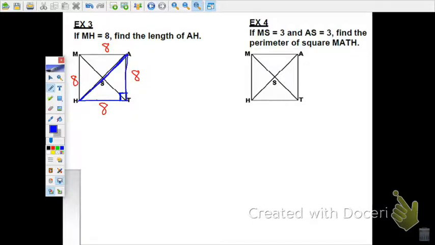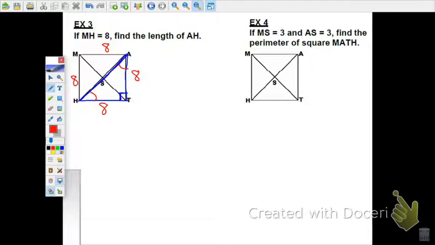Do we know anything else about this right triangle? We know two of the sides are congruent. If two sides are congruent, it means that their opposite angles are congruent. What are each of those angles? 45, 45, 90.